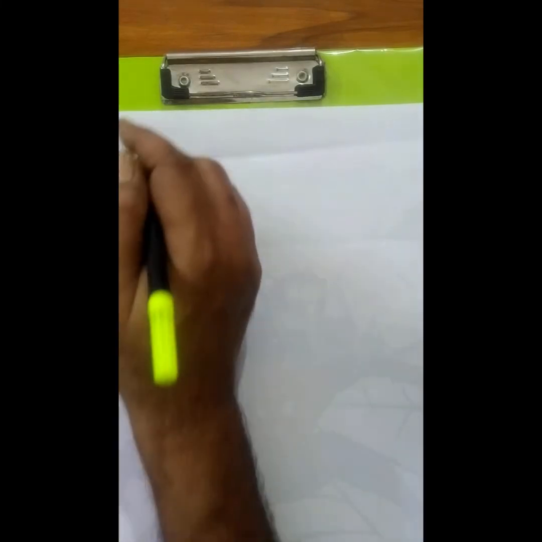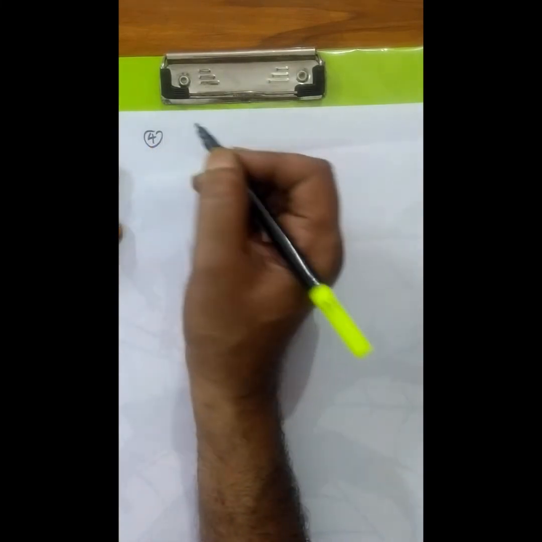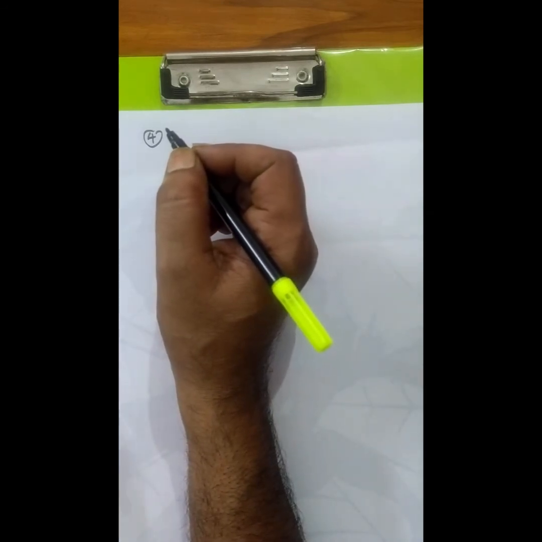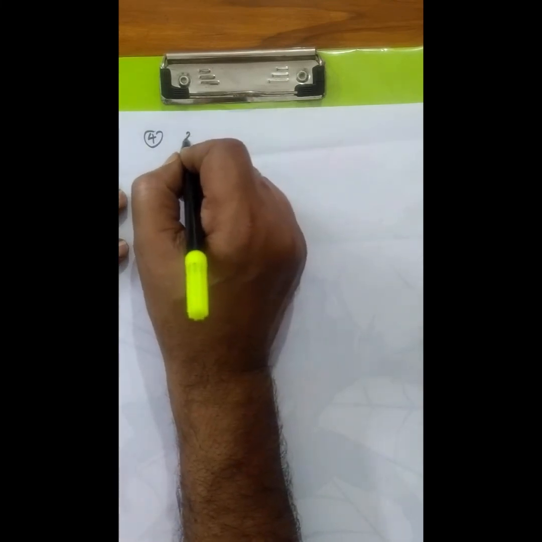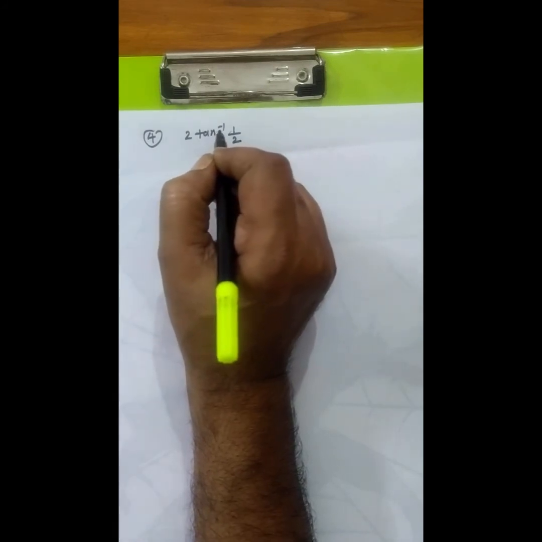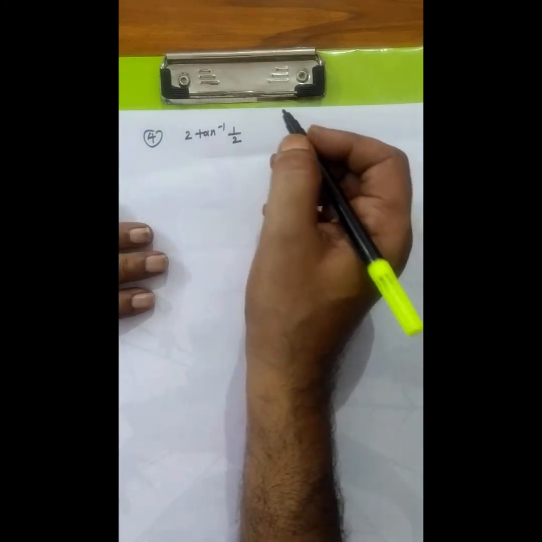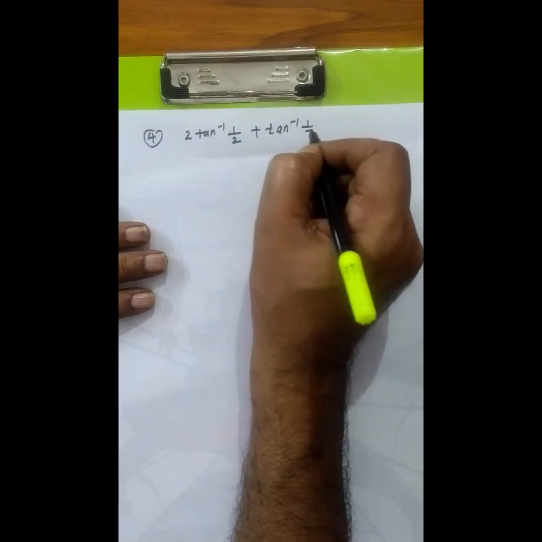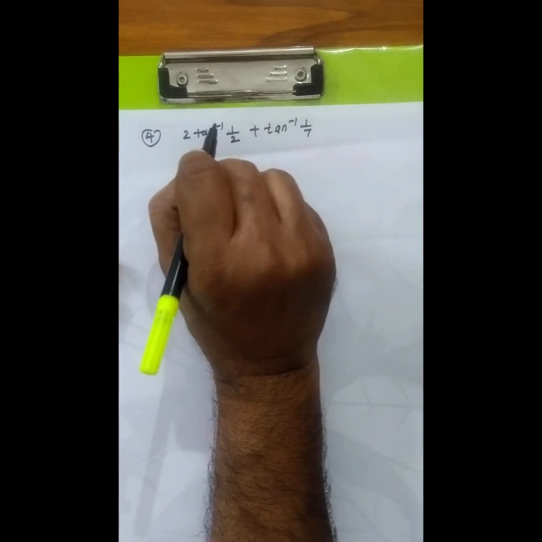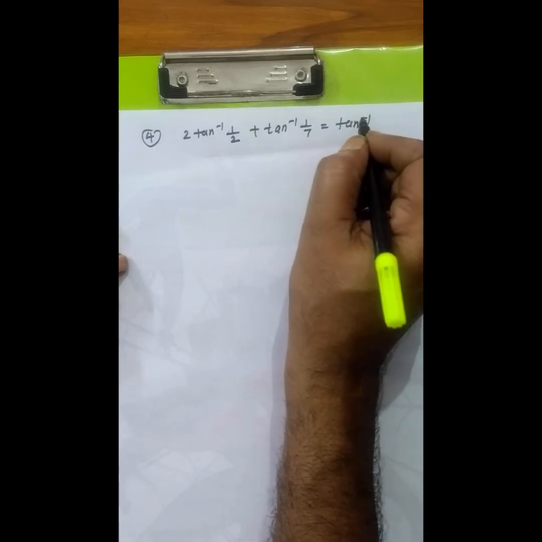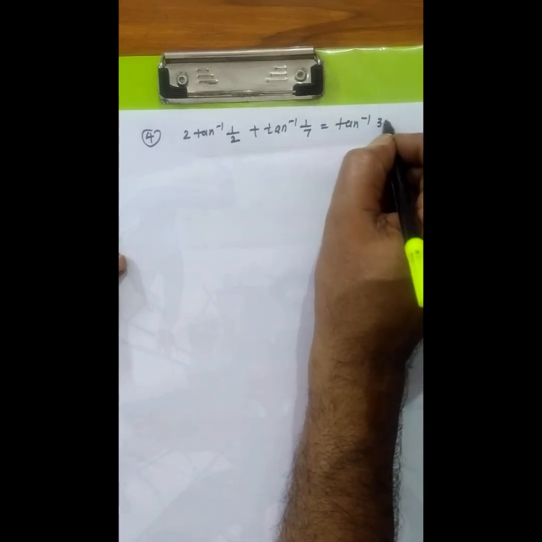So this will be sum number 4. Again it is a miscellaneous sum. Prove that 2 times tan inverse of 1 by 2 plus tan inverse of 1 by 7 equals tan inverse of 31 divided by 17.